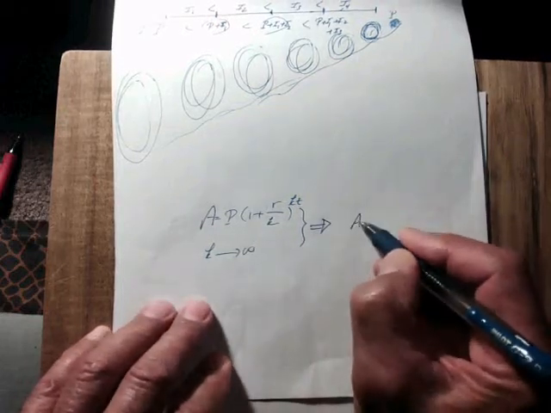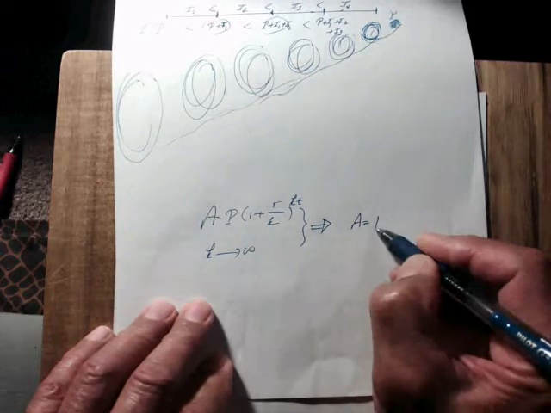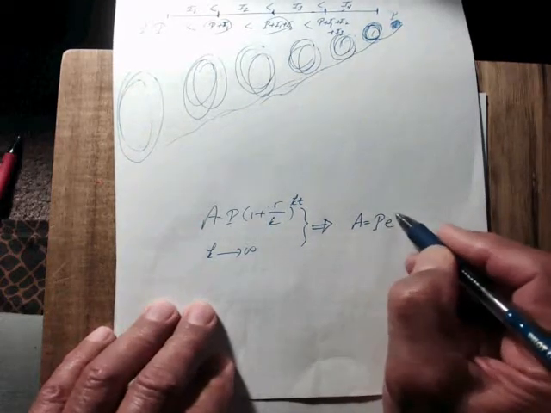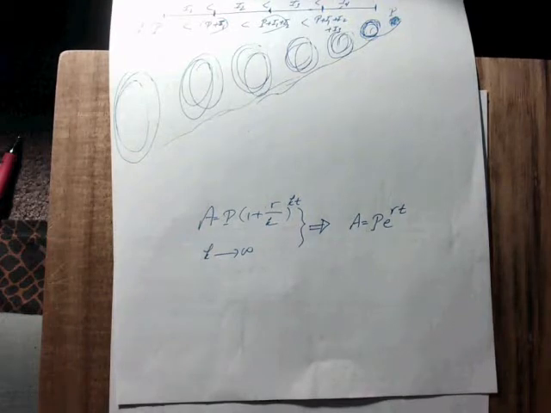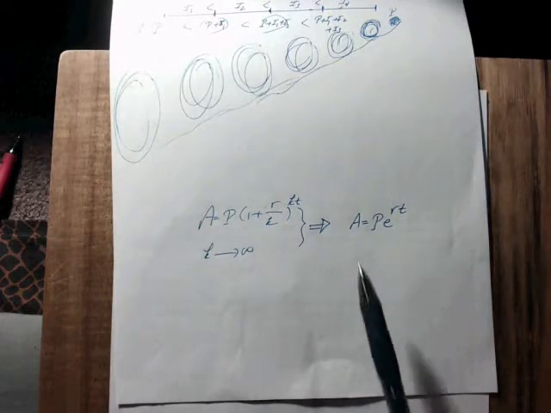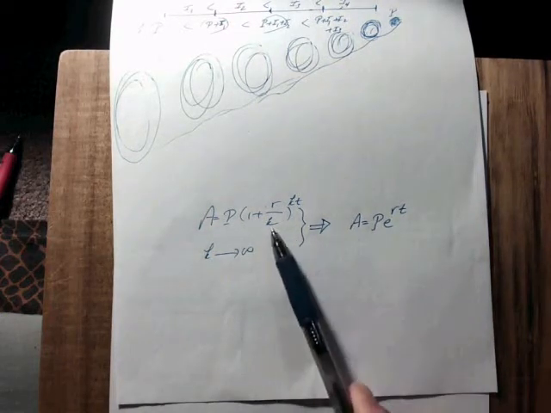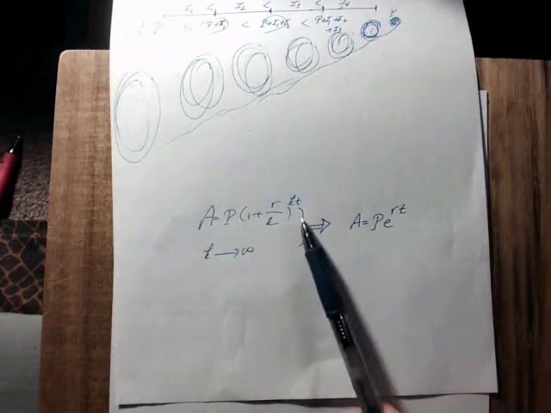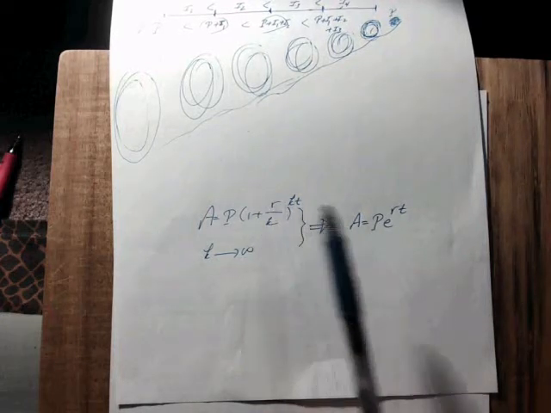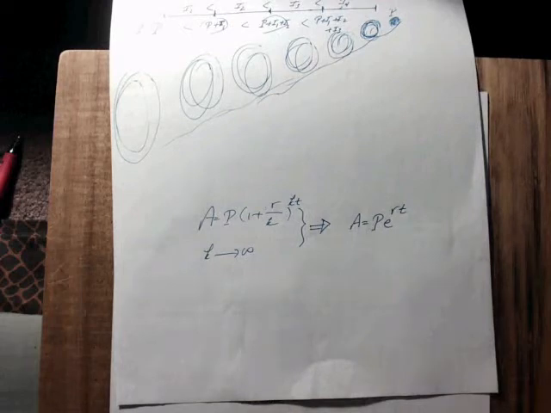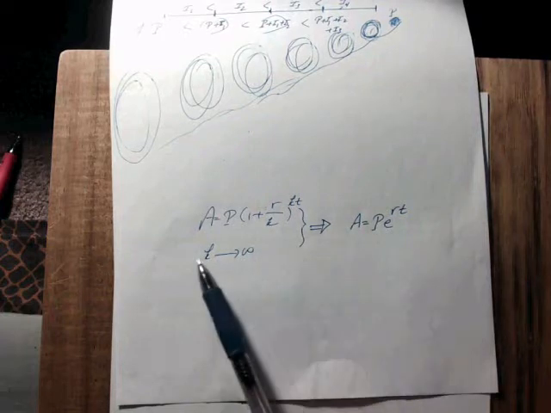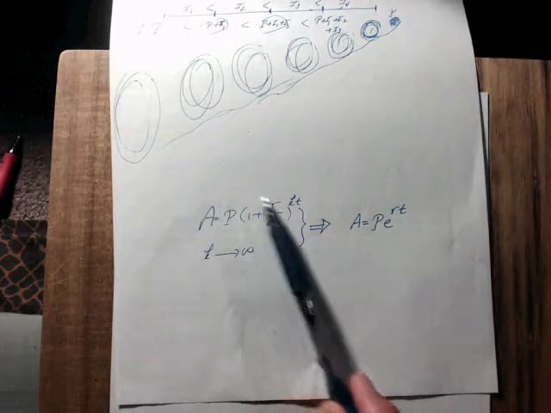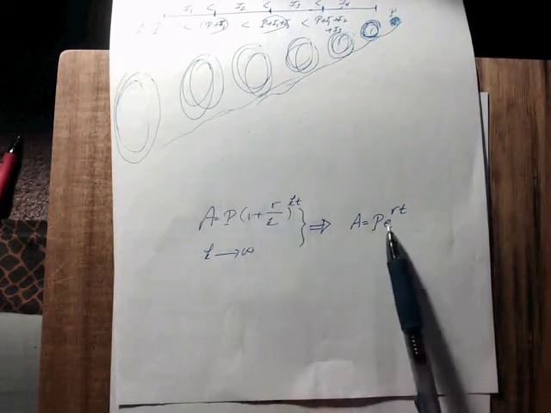It becomes A equal to P e to the RT. You see? So that is the new formula. K is infinity, so if I replace K by infinity, then this formula becomes this formula. And that's where this e comes into play. When K goes to infinity, something makes this whole thing become e.